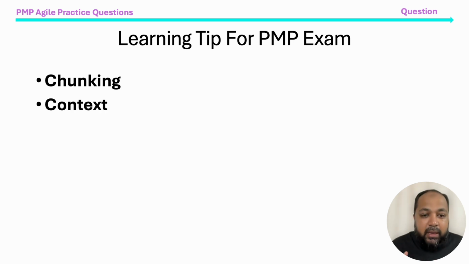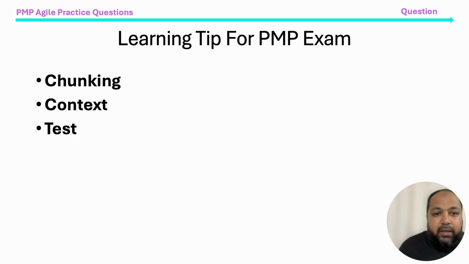Next, context. I'm giving you context. I'm telling you what is a prototype, what is not a prototype. In the last 2 questions, we get to learn about that. I'm giving you examples. The situational questions are giving you examples. So when you learn with the context, it becomes easier for you to learn a particular topic. Try it on any other topic. Okay? Test. You are giving tests for 4 or 5 questions. You're testing your abilities. Your brain is thinking, it's actually at work.